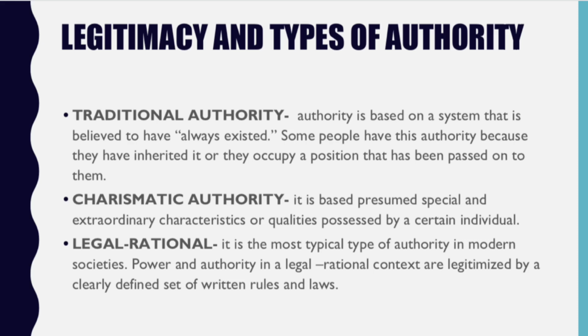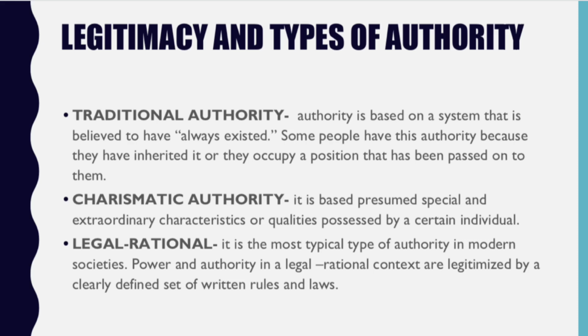So the legitimacy of this type of authority is based on long established customs and traditions that do not need to be justified. So it has already existed, always existed from the very beginning.